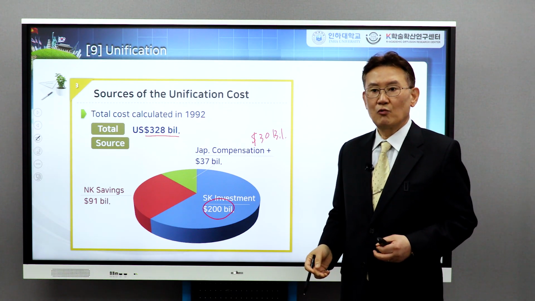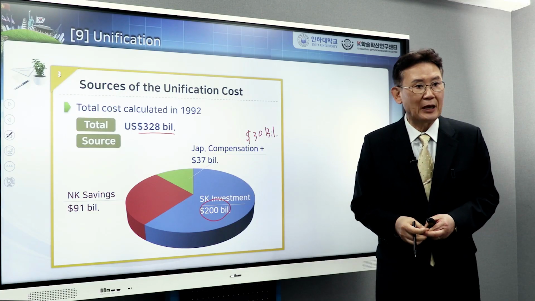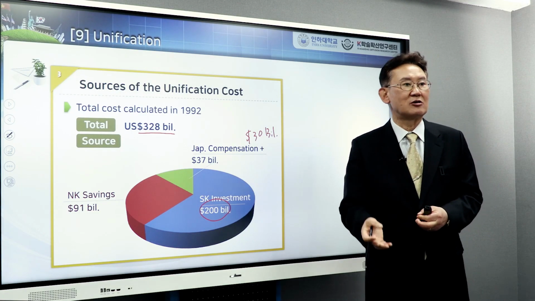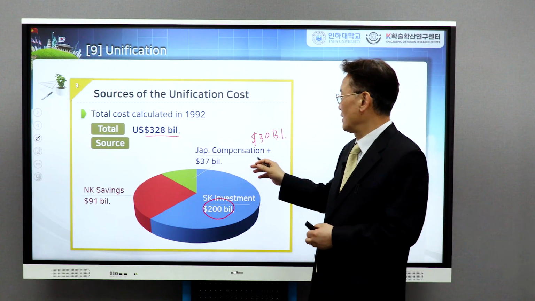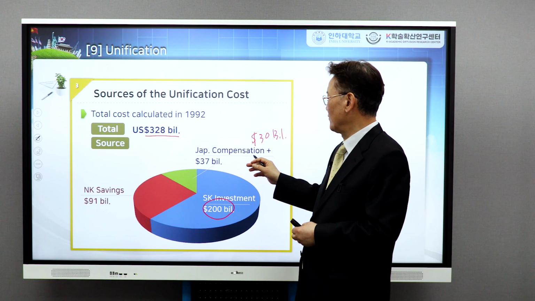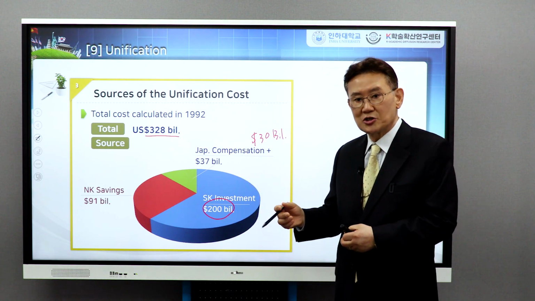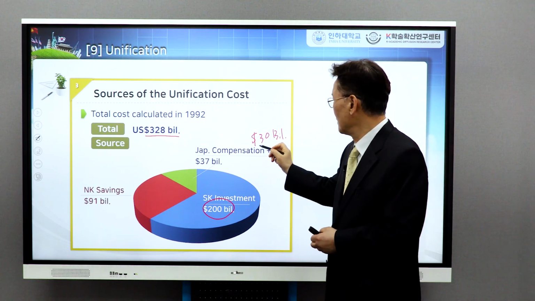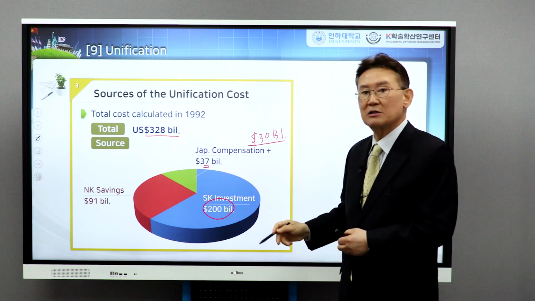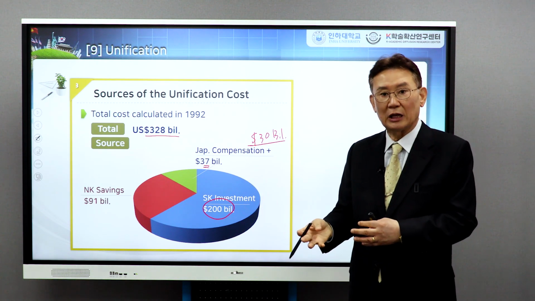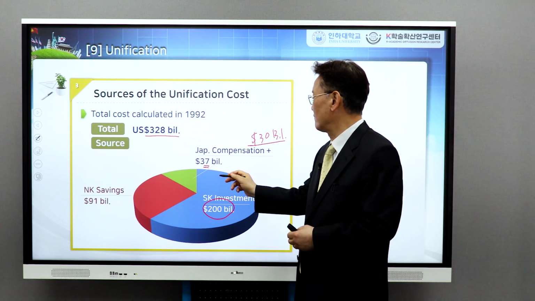When Japan normalized its relations with South Korea, Japan paid about $300 million in compensation, but at that time, people calculated the Japanese compensation to North Korea at about $30 billion, and $7 billion with other credits and loans. So totally $37 billion will come from Japan.